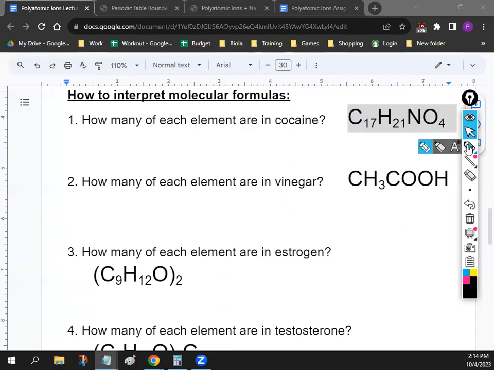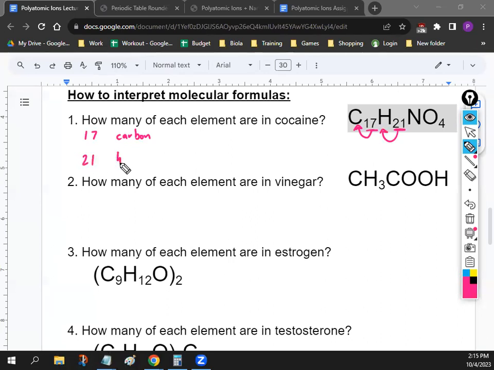If you remember what we've been talking about, the number behind the element tells you how many of that element you have, right? If you take a look at cocaine's formula, we have 17 carbons. The capital letters are the element. So cocaine has 17 carbons. The next element is hydrogen. If you look, it has 21 hydrogens.